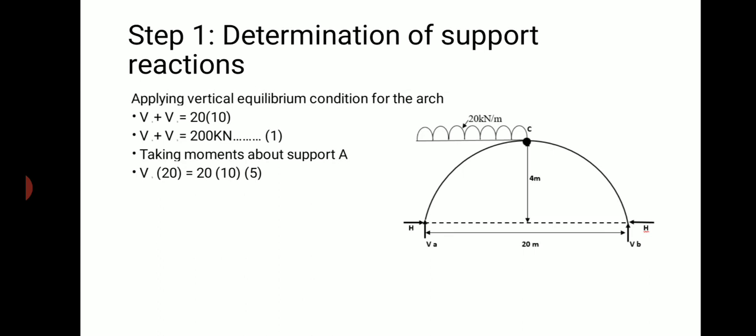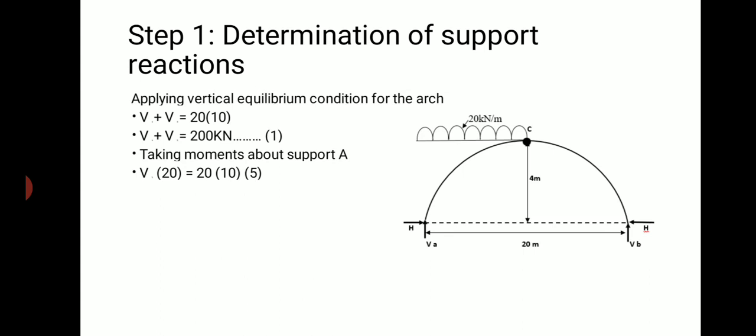Because always, if we take up the moment equilibrium condition, we are going to consider the moment at the center of the span in case of UDL. So the moment of the UDL will be maximum at the center, therefore it is 20 into 10 into 5. So it is a clockwise moment due to 20 kilonewton per meter, therefore it is considered to be positive.